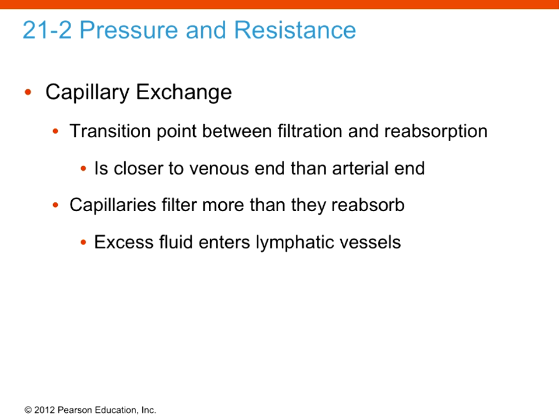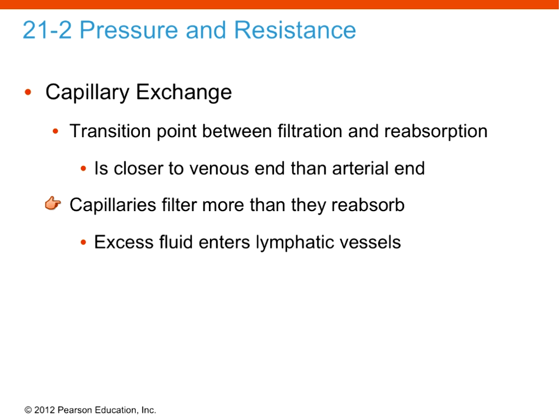The capillaries are going to filter more than they actually reabsorb. So although we have this dance happening with filtration and reabsorption between hydrostatic pressure and osmotic pressure that allows for this exchange of nutrients for waste and oxygen for carbon dioxide, and this is a discussion that we will go back to when we get to the respiratory system, more is going to be filtered out than is actually going to be reabsorbed.